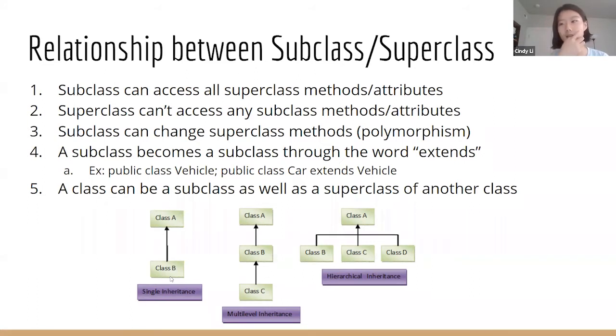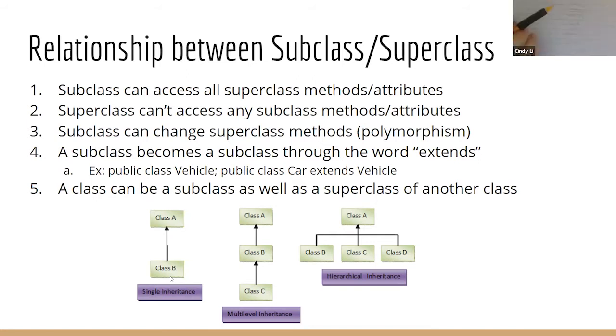You can think of it as like, let me try drawing a diagram, because this can be a little bit confusing. So for example, we have Class A, Class B, Class C. Can you guys see this?